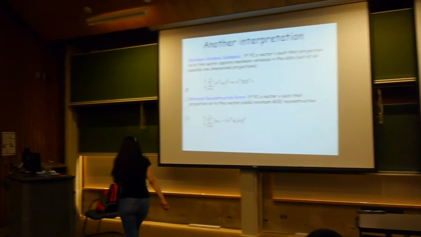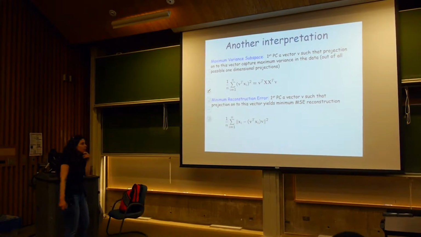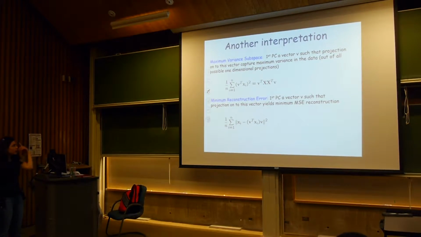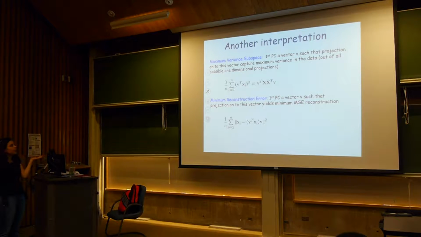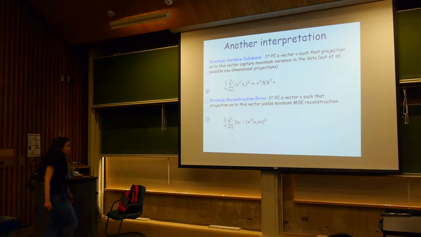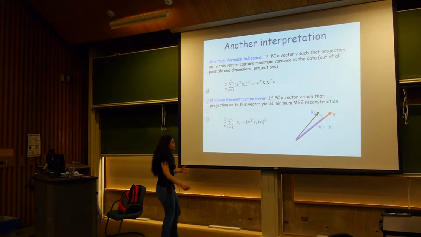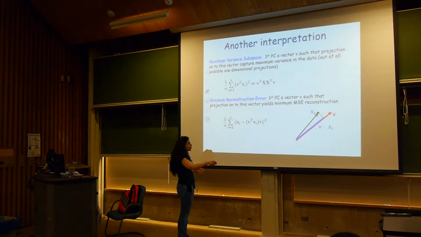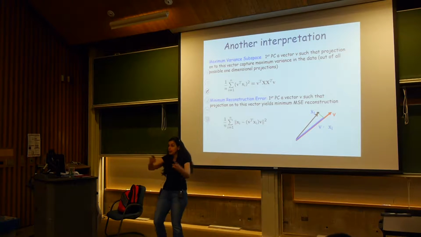I claim that one can show that the first principal component vector v is also the vector v such that the projection of the data onto v leads to the minimum reconstruction error possible according to L square loss. The reconstruction error here would be, this is my original data point, and if I project it onto the direction v, v dot xi is the coordinate in that representation.